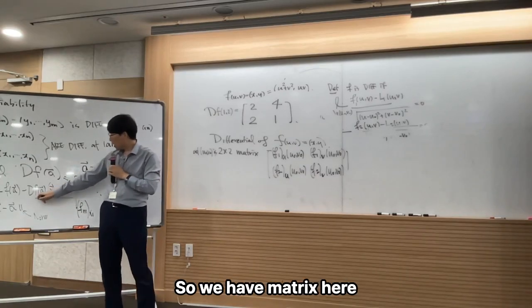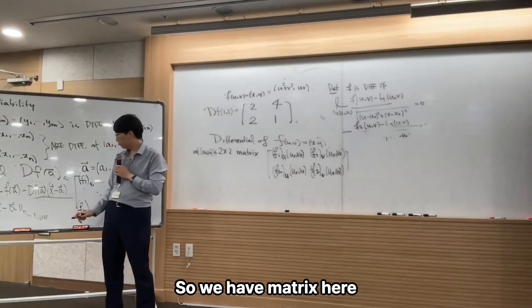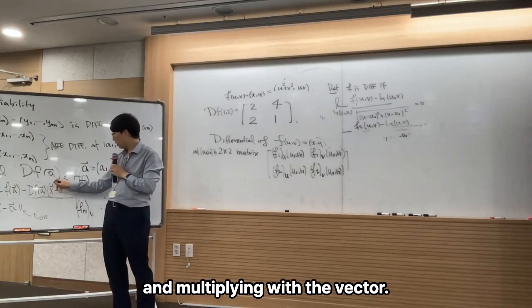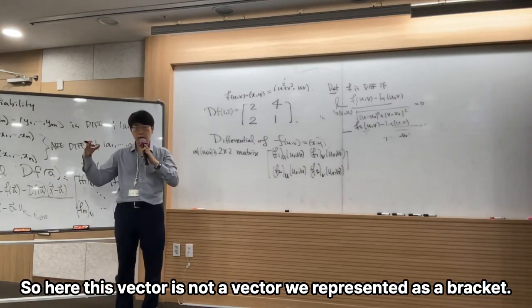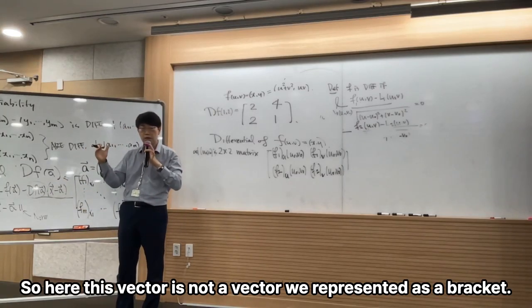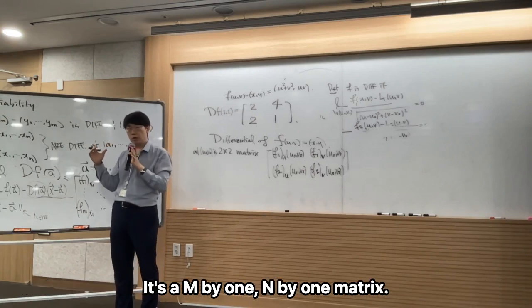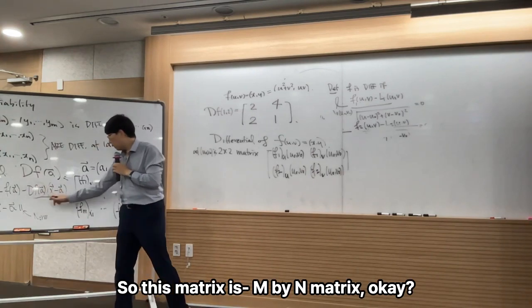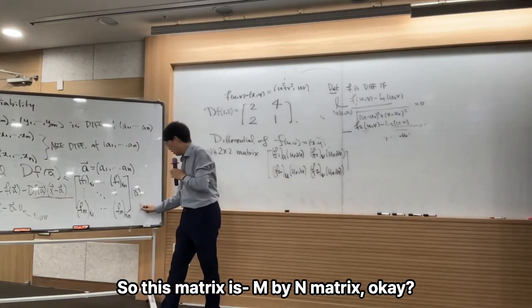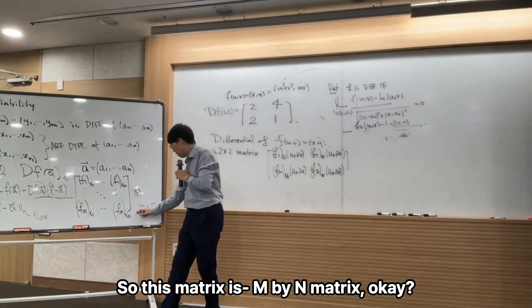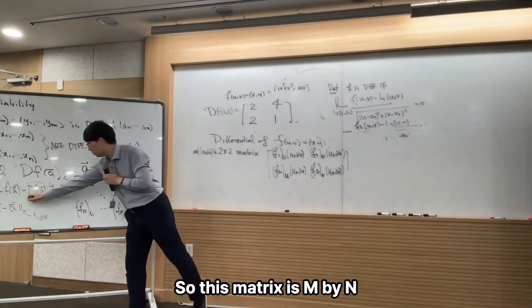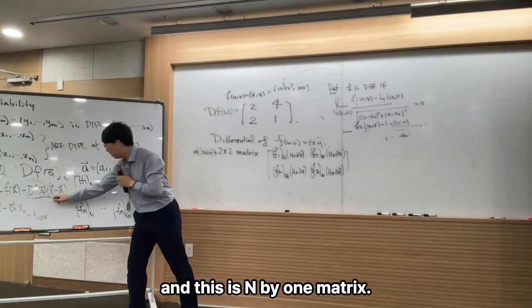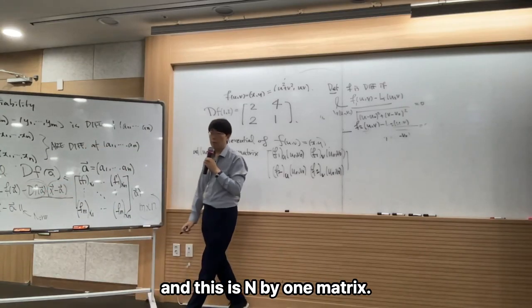We have a matrix here, multiplying with the vector. This vector is not a vector represented as a bracket. It's an n by 1 matrix. And this matrix is an m by n matrix.